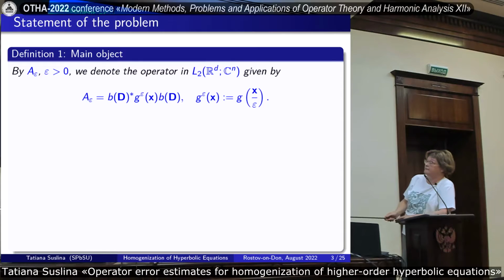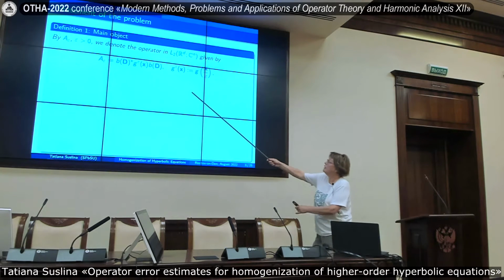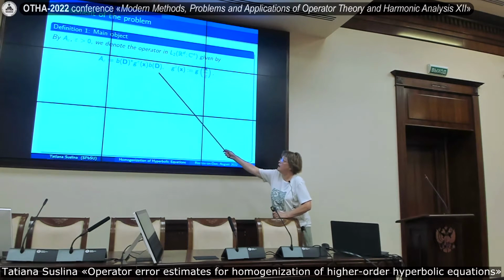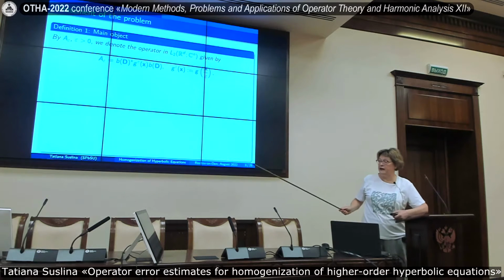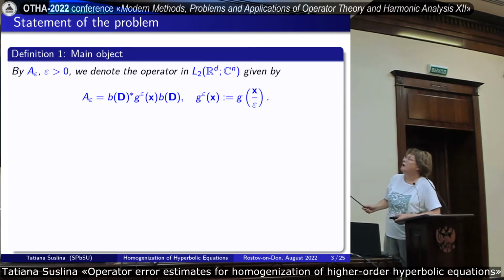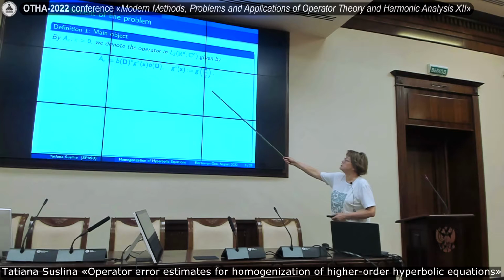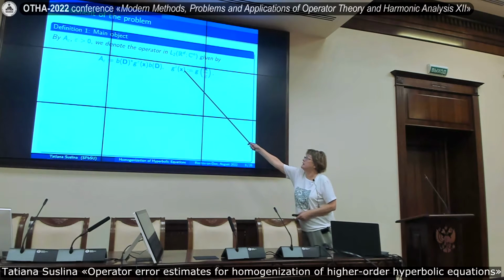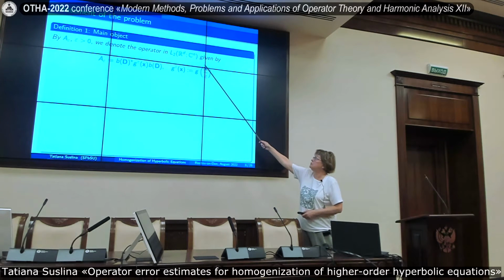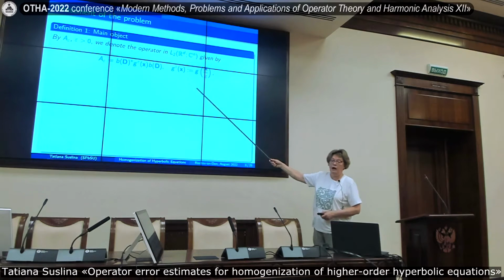The matrix in the middle, G epsilon of x, is of size m by m. And we use such notation: G with index epsilon of x is equal to G of x over epsilon.